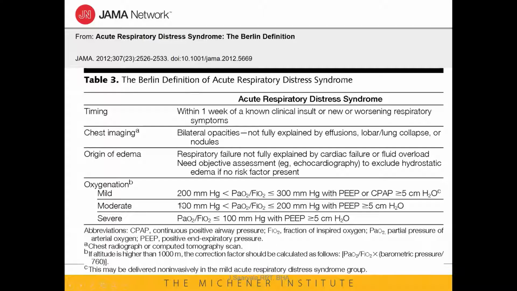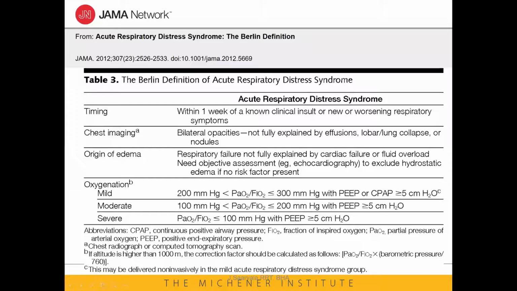Moderate ARDS is greater than 100 millimeters of mercury to equal to or less than 200, again on a PEEP of 5 centimeters or higher.